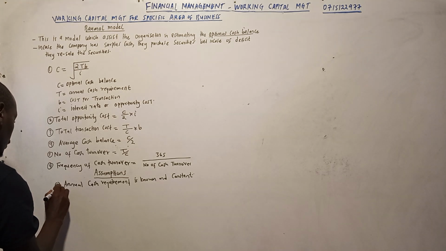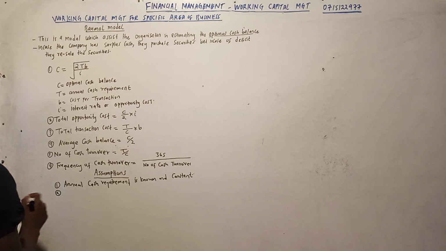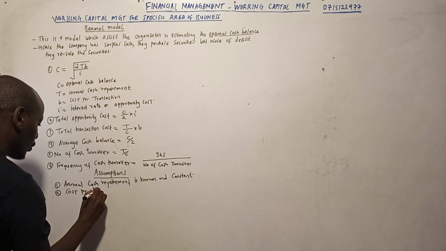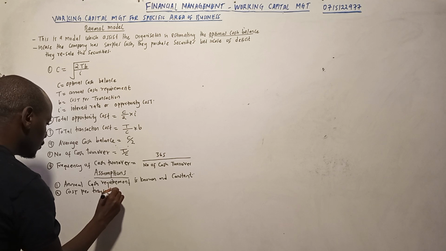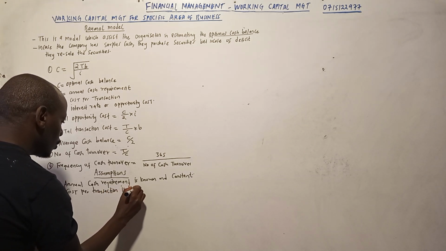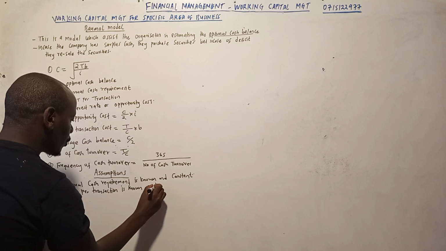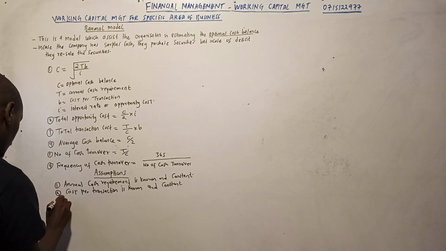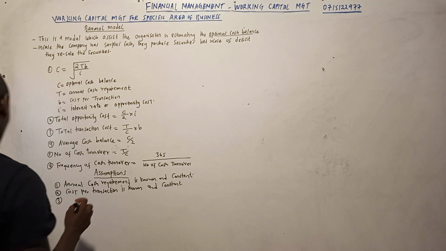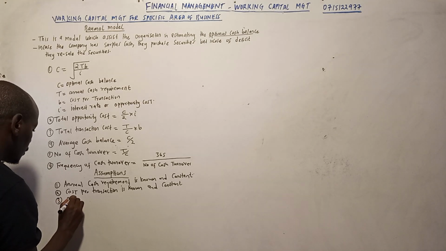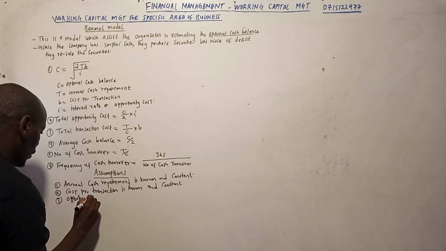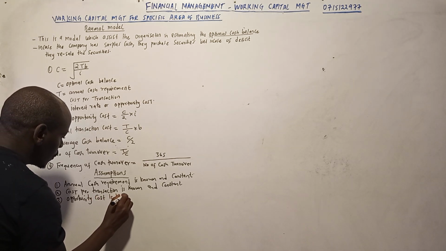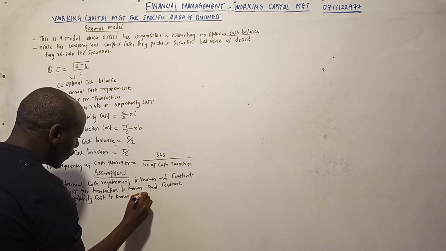Number 2, the cost per transaction is known and constant. Number 3, the opportunity cost is known and constant.